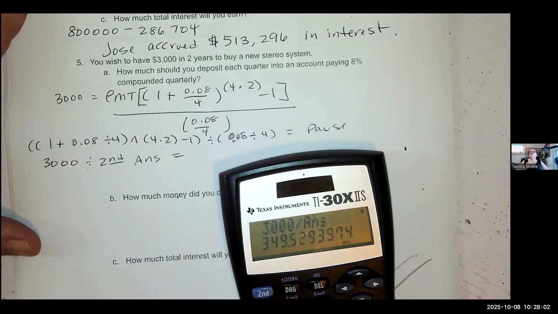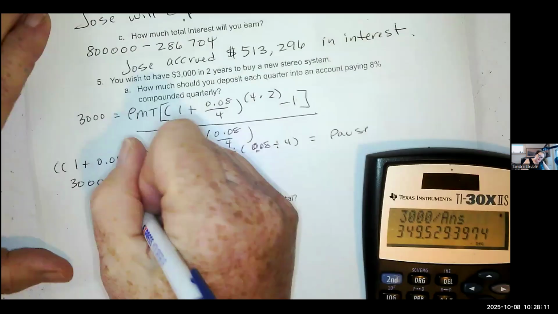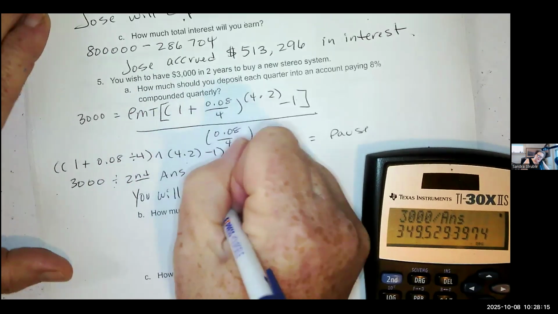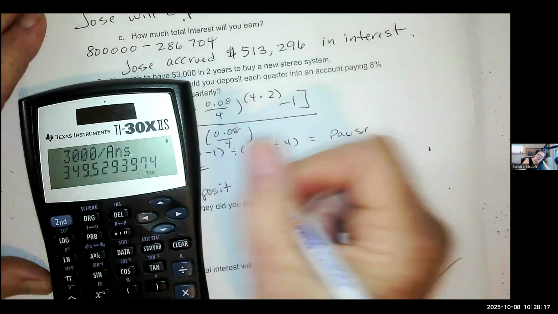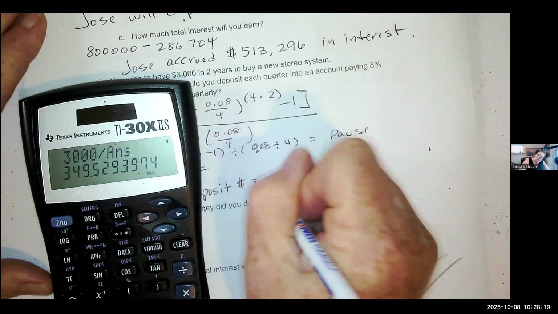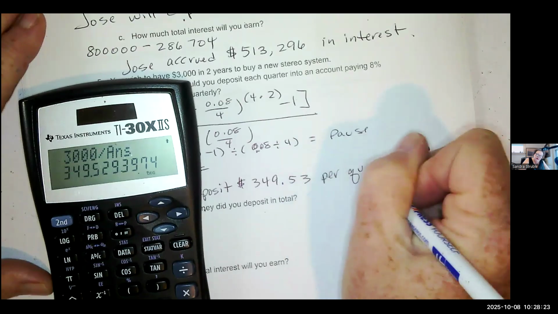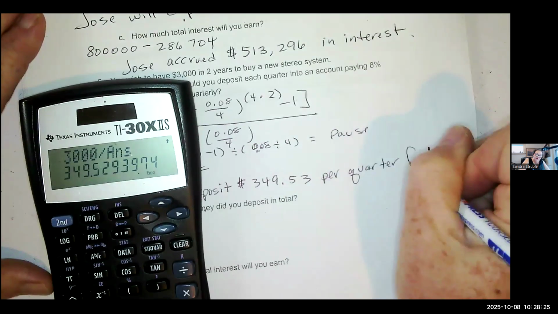So you should deposit $349.53 every quarter for 2 years, so you can have $3,000. $349.53 per quarter, not monthly or yearly, for 2 years.